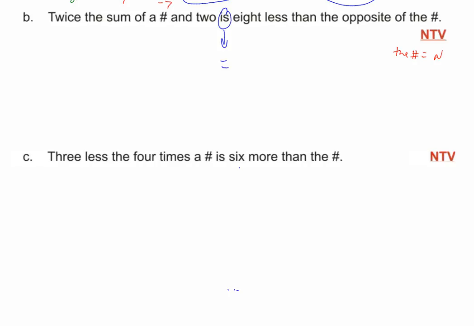I see a couple operational words. So what is one of those operational words? Come on, you guys need to be thinking. Sum. All right, and sum we dealt with a minute ago. That's a plus sign, right? So what two things are we adding for the sum?